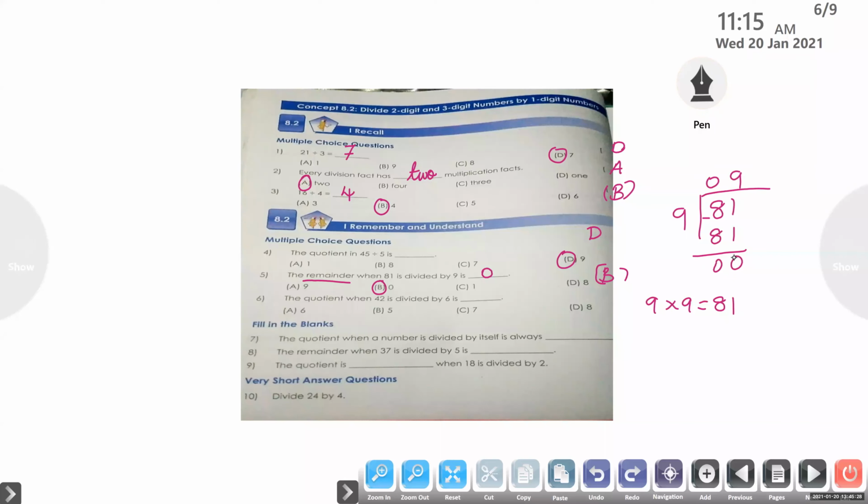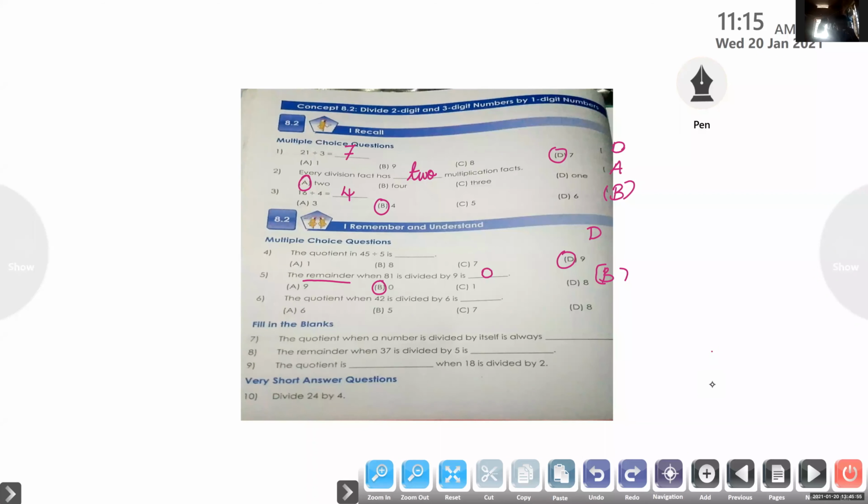Okay. Now, next question to Siddharth. Yes, ma'am. The quotient when 42 is divided by 6 is dash. Whether 42 is coming in the table of 6?